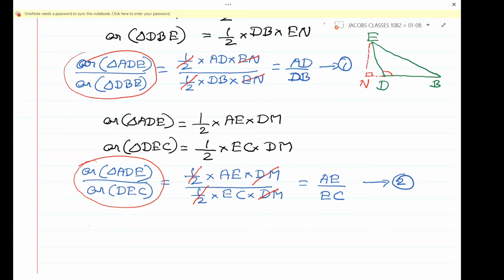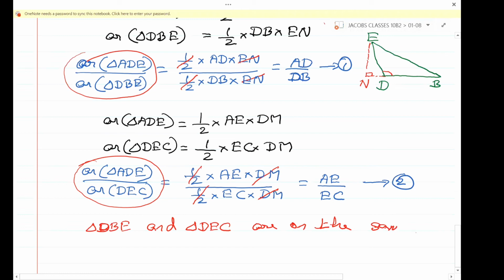Triangle DBE and triangle DEC are on the same base, and between the same parallels.